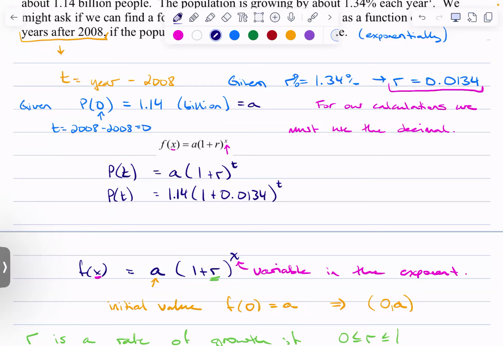I'm curious to know, what if we tried finding the population in 2025? P of 2025 minus 2008, math, 17.